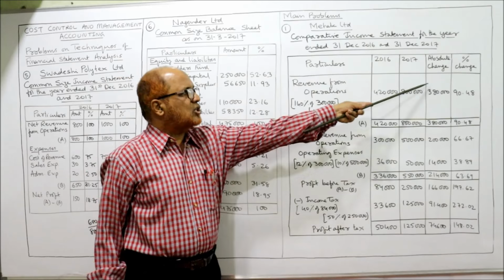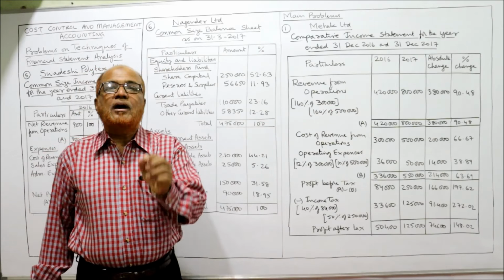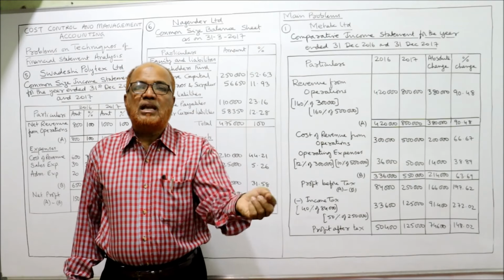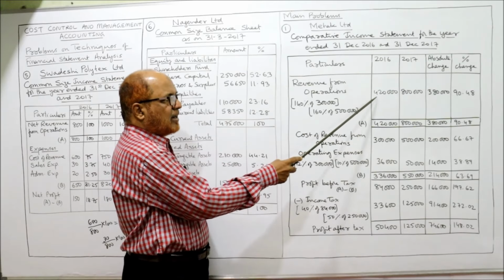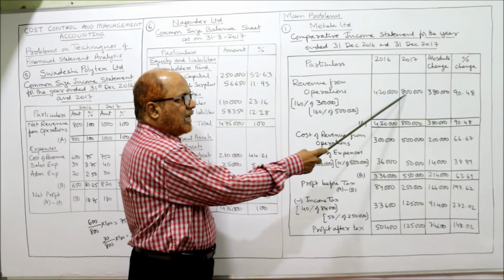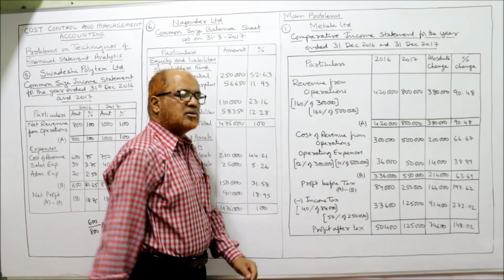Now absolute change. In the previous video I explained how to calculate absolute change: current year value minus last year value. What is the current year value? 8 lakh. Last year value 4,20,000. So 8 lakh minus 4,20,000, you will get 3,80,000.